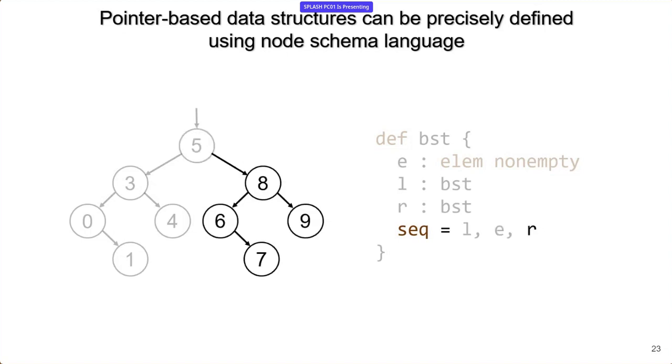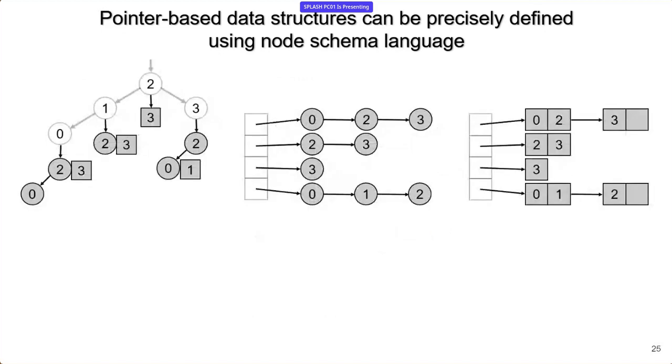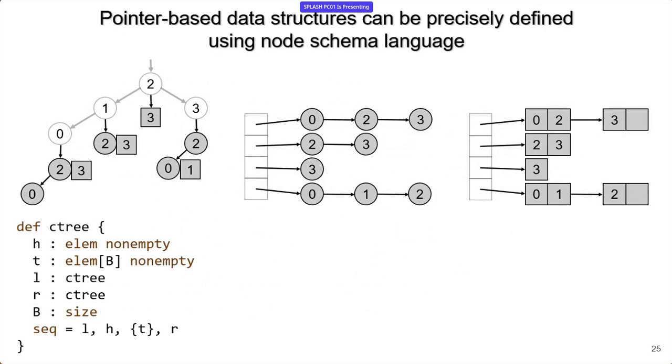So using these, we can nicely describe this tree. In fact, we have defined a language that we can use to describe many pointer-based data structures, a combination of arrays, pointers, and a lot of interesting things. So for example, in this data structure, the inner dimension is a C tree. The C tree says I have an element that's non-empty.